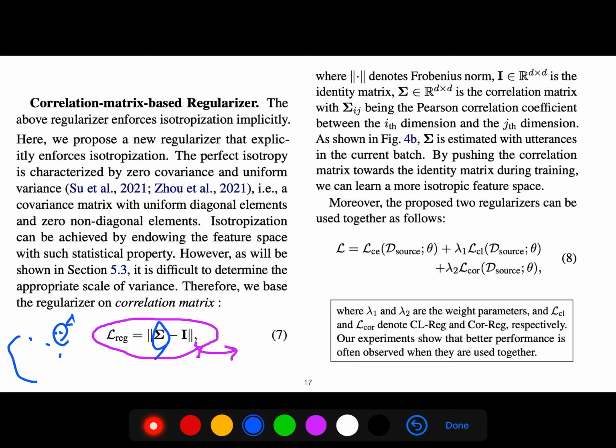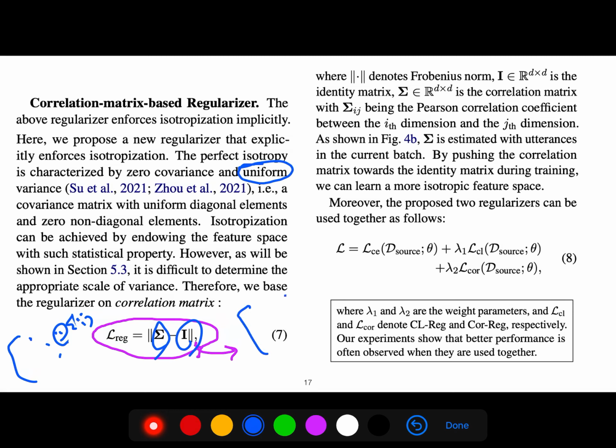For example, sigma ij is just the Pearson correlation coefficient between the i-th dimension and the j-th dimension. We want to push the correlation matrix toward the identity matrix during training, because we want uniform variance and zero covariance.